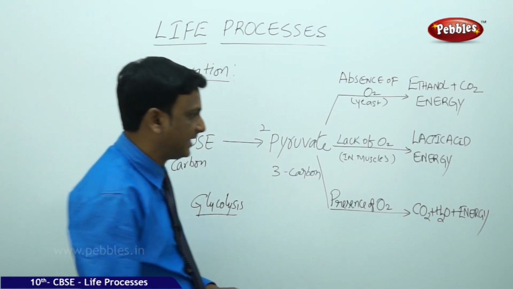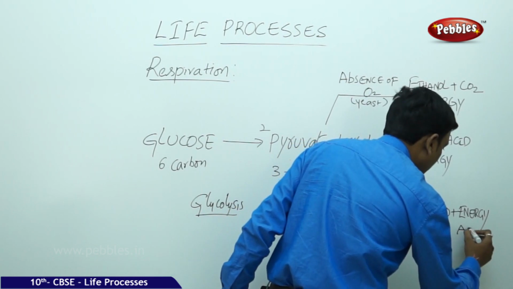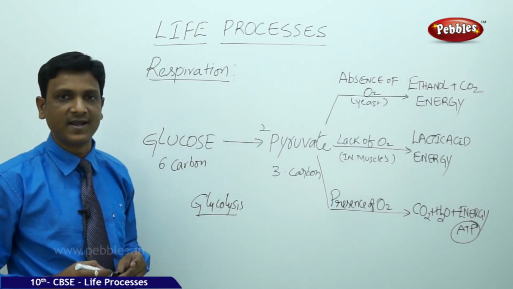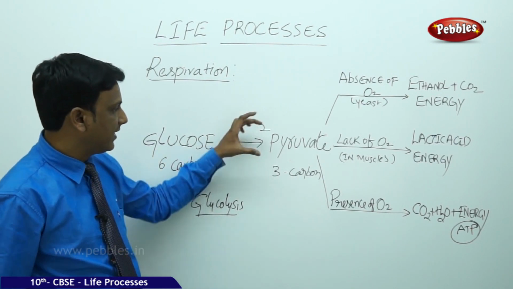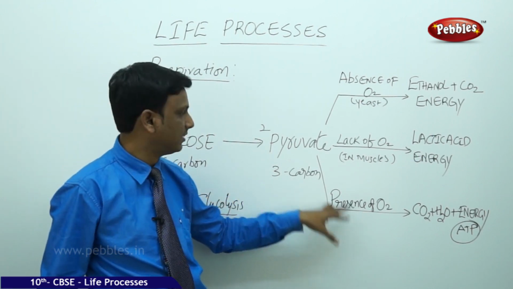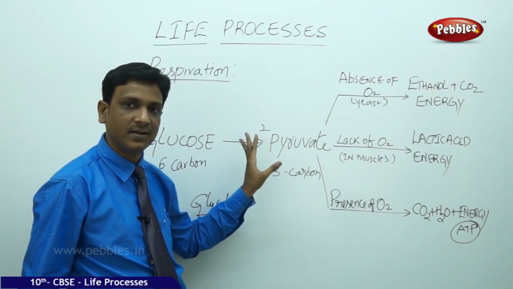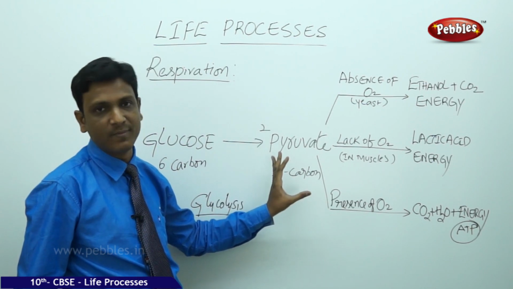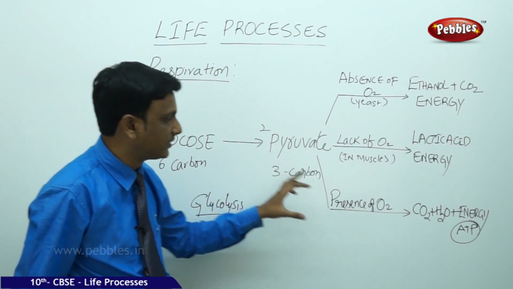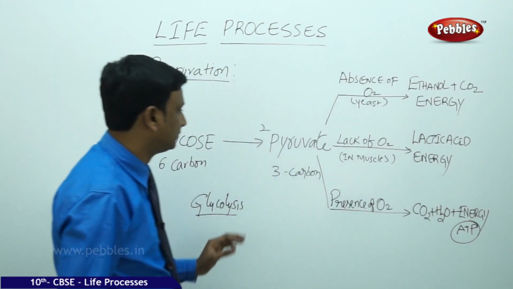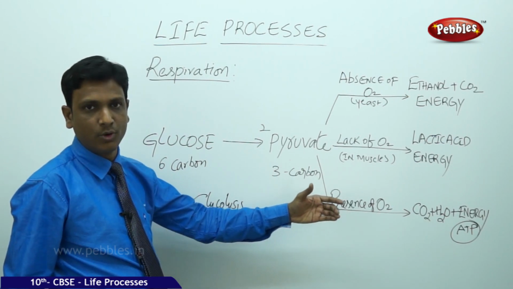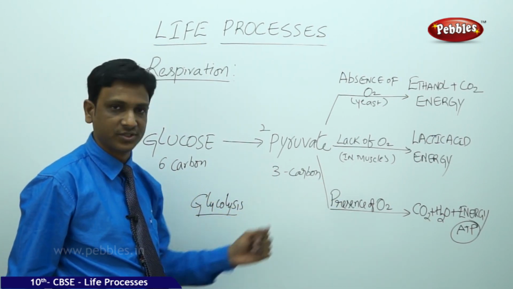In which form? The energy is released in the form of a molecule called ATP, adenosine triphosphate. So in aerobic respiration, that is in the presence of oxygen, the energy is completely taken out of the pyruvic acid and it is converted to carbon dioxide and water. So there are no big byproducts, no big biomolecules as products in this reaction.